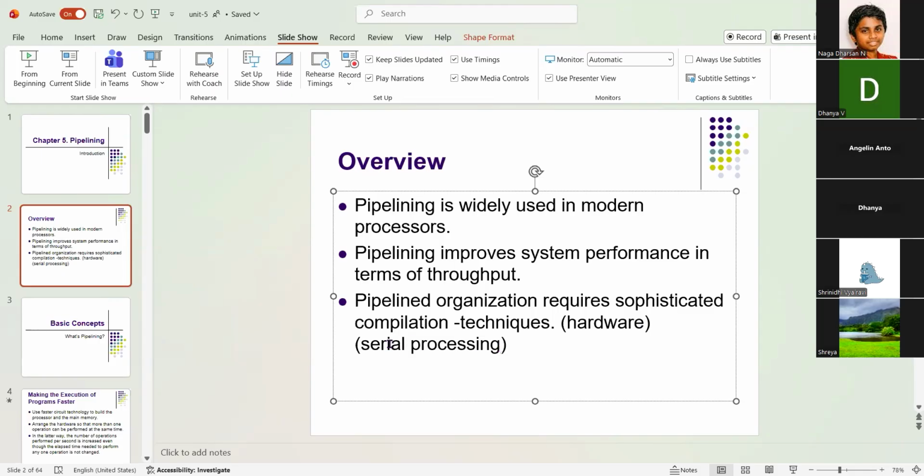Please don't get confused between serial and parallel processing. Even on many websites it says pipelining is parallel processing. Parallel processing is essentially superscalar execution. Your superscalar execution is the second example I gave, and that is your parallel processing. Is this point clear now?